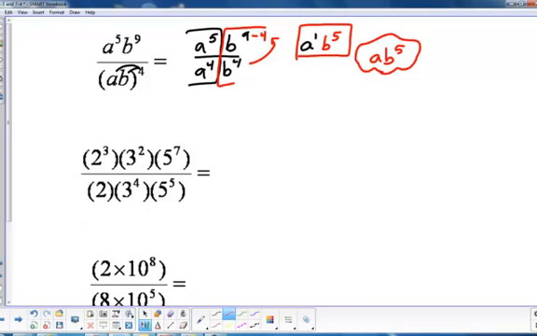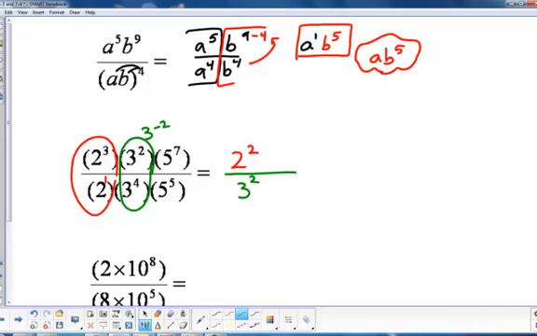Okay, before we do the numbers out, we should put our same bases together. So this part simplifies to a 2 squared. This part either simplifies where you have a 3 to the negative 2 on top, or you can leave a 3 to the positive 2 on the bottom.